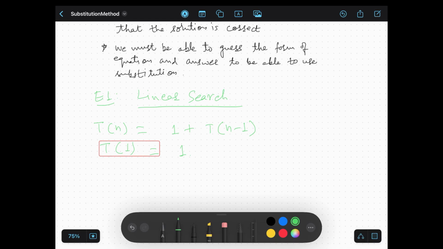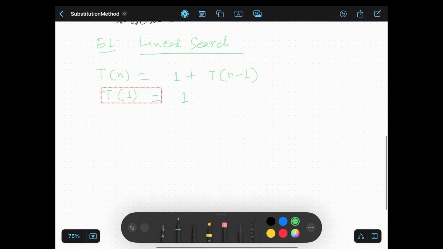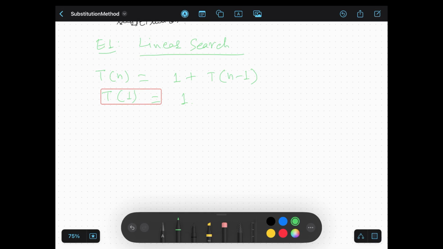So now let's try to solve this recurrence. How we solve it is, we start with the recurrence, we try to guess a solution, and secondly, we also try to guess how this problem is being subdivided into smaller steps.